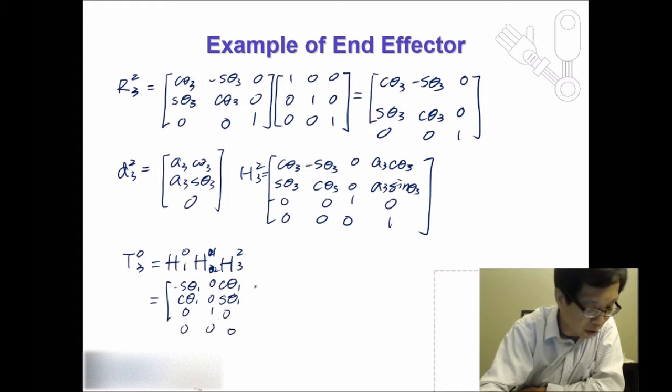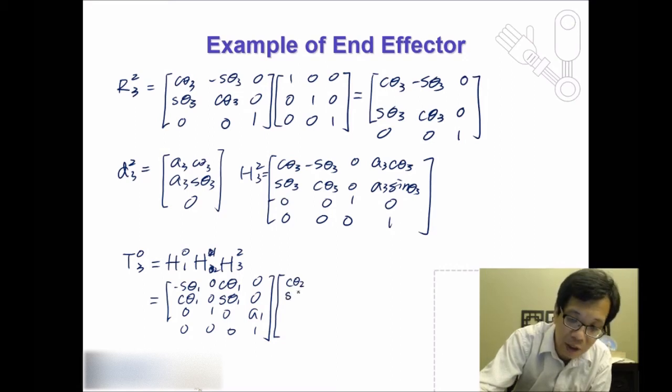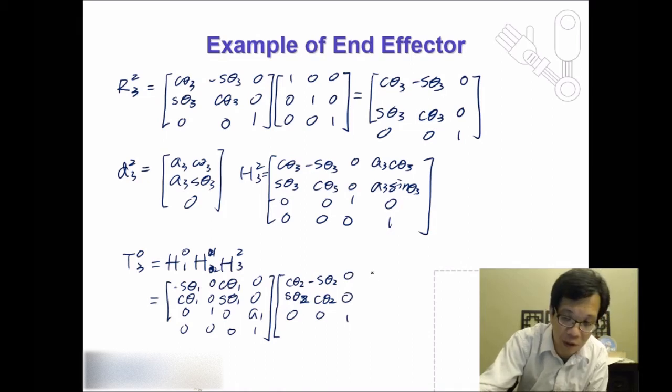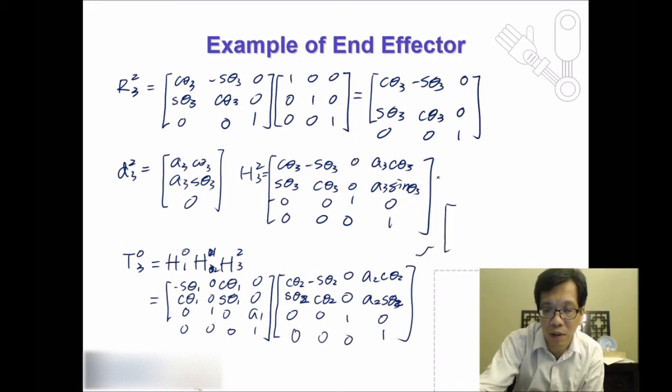And since this is a matrix, we'll have this one over here as my first homogeneous transformation, and the second one is going to be, and this one over here is going to be the vector, and this should be 0, 1, and the last one is.